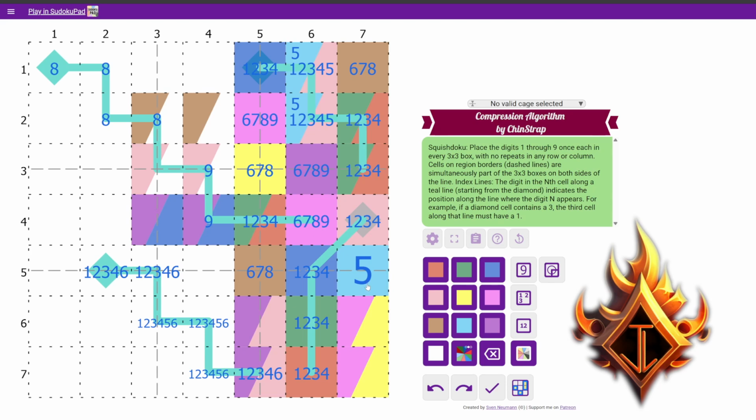Oh, it's light blue. Light blue has to be in this middle box. So it goes there with that one. Which one goes with brown? Is it gonna be that one? No.